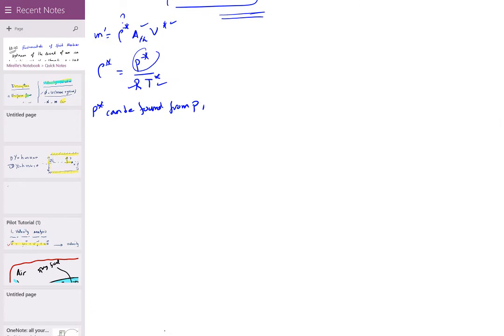I must relate P naught in both equations, P1. These equations are given.